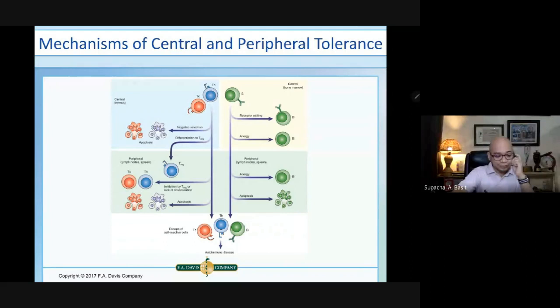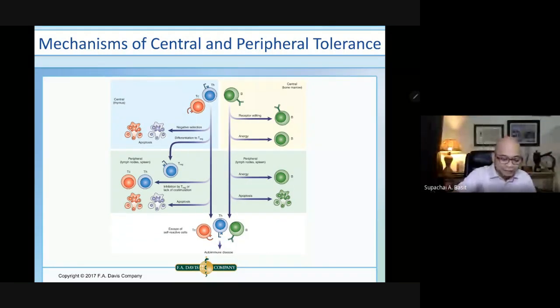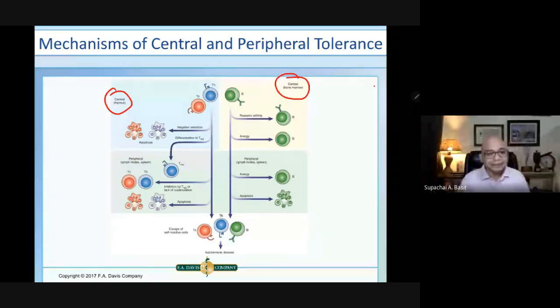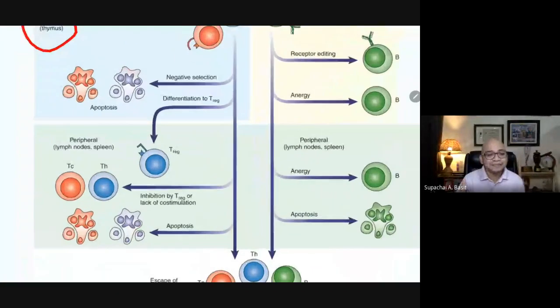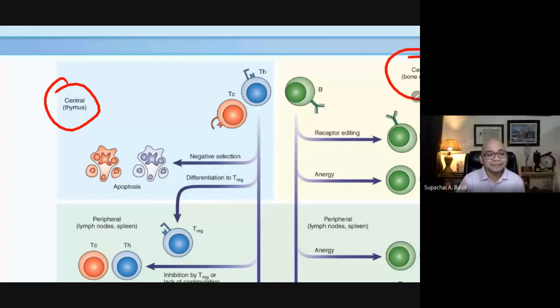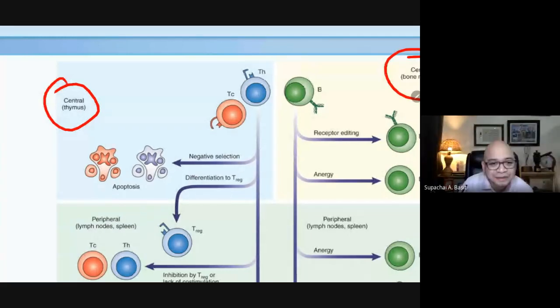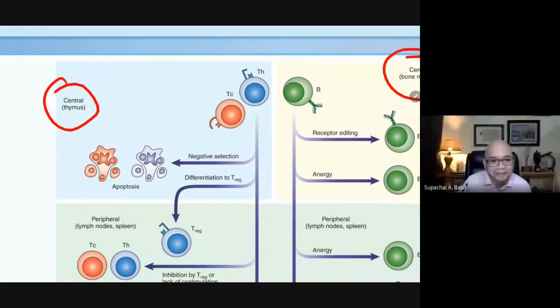So this is your thymus, for example, and this is your bone marrow. If T cells possess TCRs, so what are TCRs? TCRs are T cell receptors.